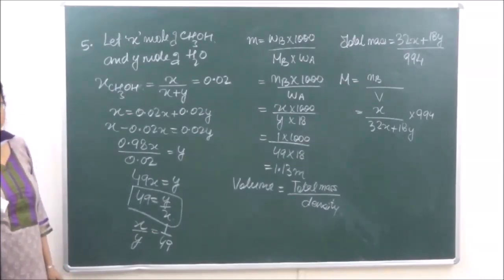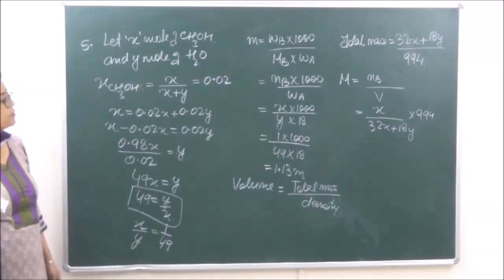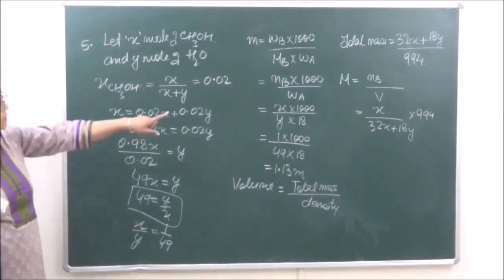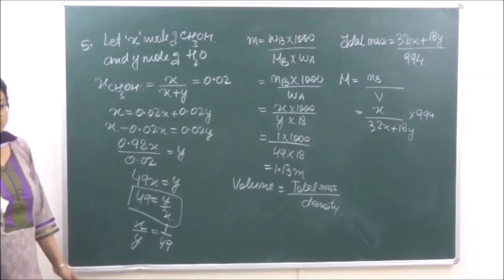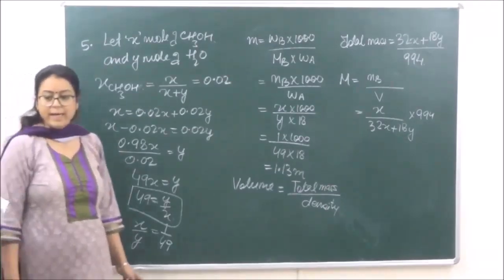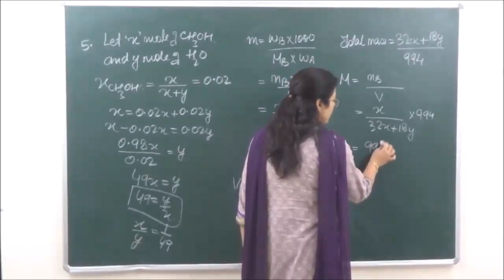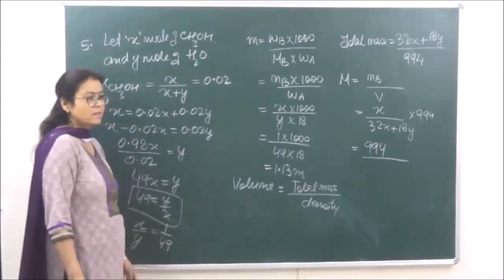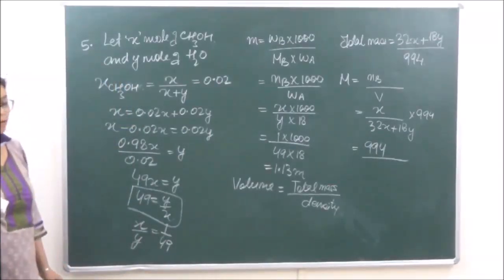Clear? Now when we are calculating this, then it will come equal to how much? We know what X and Y are in terms of X upon Y. So we have to convert this in terms of X upon Y. When we convert this in terms of X upon Y, it will become 994X. 994 into X, that will become equal to 994X.